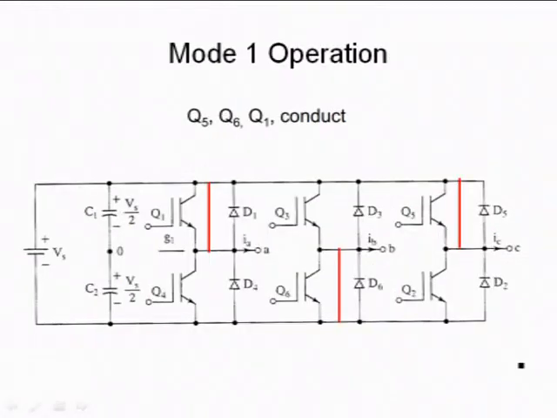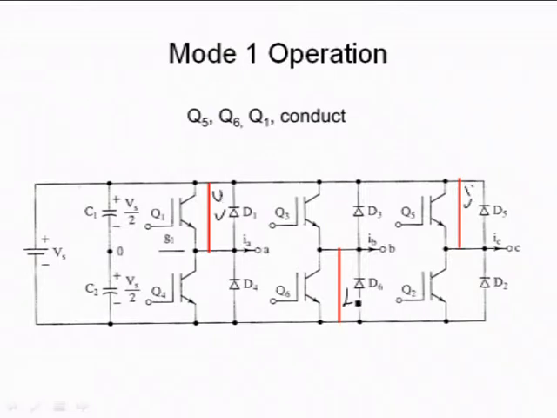So, here see the mode 1 operation. It can be divided into 6 modes, the 6 steps. In mode 1 operation, we start with Q5, Q6, Q1. Just as I told you, 3 transistors will be conducting at any time: here 2 from the upper group and 1 from the lower group.